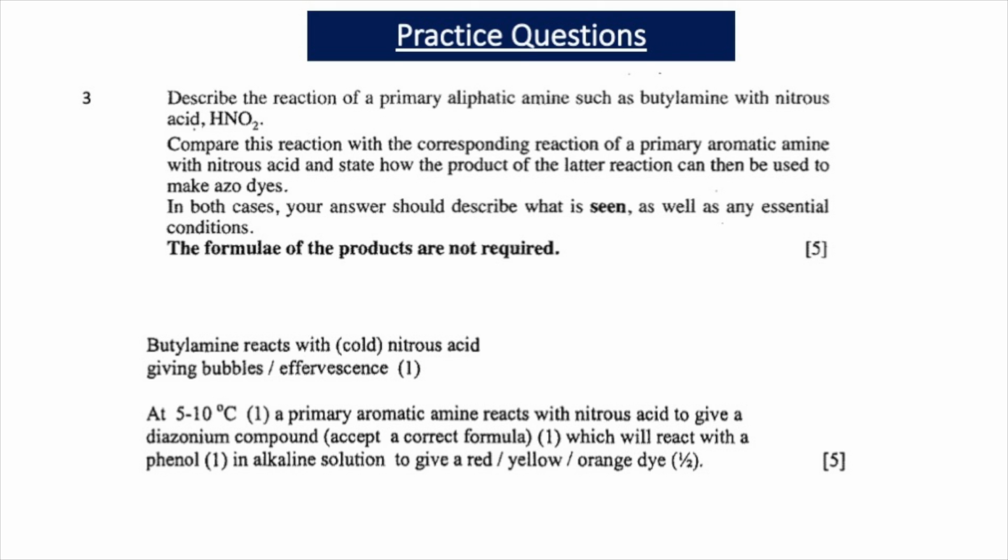So 1 mark for the idea that it would react with a compound such as phenol or naphthalene 2-ol or an aromatic amine, and half a mark if you said alkaline conditions, and half a mark for the idea of it producing a red, yellow, or orange dye. So this question is out of 5 marks. So there's 5 marks if you said all those points.